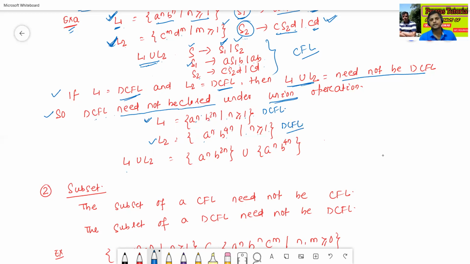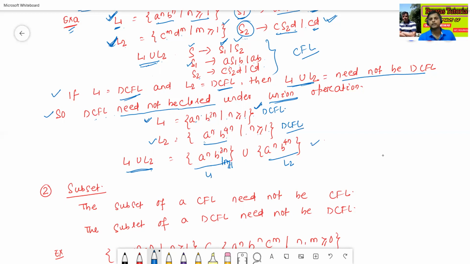Now we'll take the union of both, L1 union L2. L1 union L2 equals what? L1 is a to the power n, b to the power 2n, such that n is greater or equal to 1, and L2 is a to the power n, b to the power 4n.